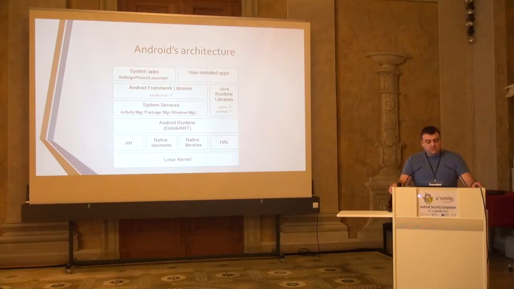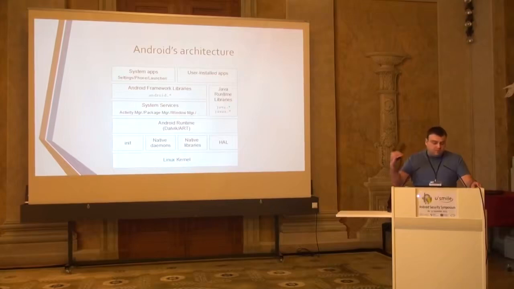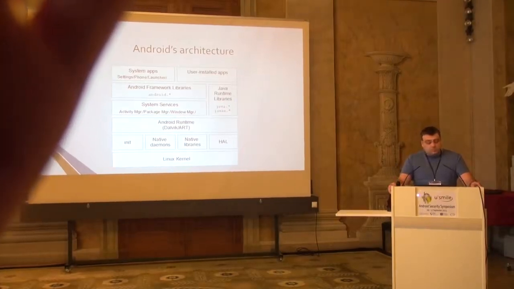which is, again, very different from the init you see on desktop or embedded devices. You have, of course, native daemons, native libraries, and the hardware abstraction layer, which is kind of the glue between the kernel and the Android services. On top of that is the Android runtime, originally Dalvik, now ART. And from there up is actually the core of Android, which is a whole number of system services which cooperate together.